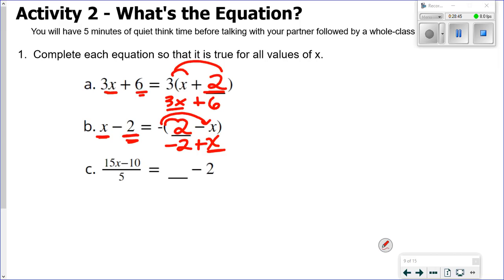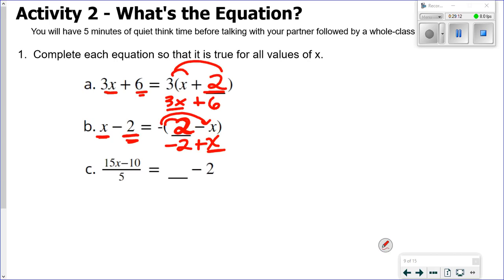So now I can see I've made an equivalent equation on both sides to show that any value for x would work. Remember, x minus 2 is in fact equivalent to -2 plus x. So by simply placing a 2 in the missing blank for B, I have created an equation where all values of x will hold true.